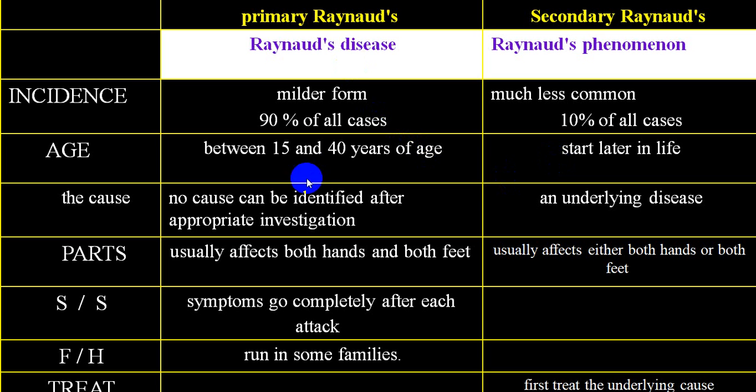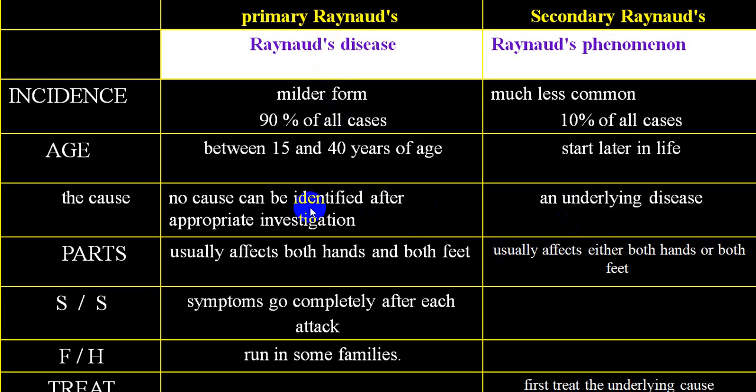Here you can't identify the exact etiology. It is very, very common in females as compared to males. While here, there is a definite etiology like systemic sclerosis, SLE, rheumatoid arthritis, Raynaud's syndromes, thoracic outlet, carpal tunnel, traumatic injury, vibration. We have shown you all the causes.